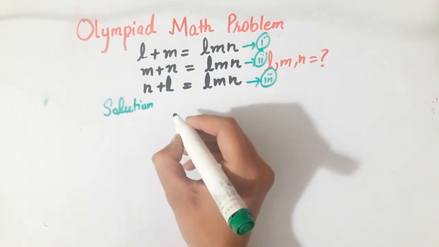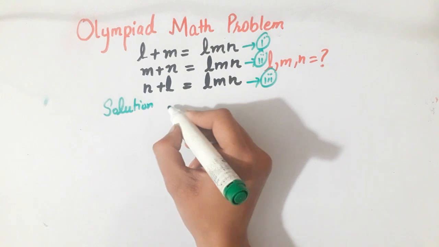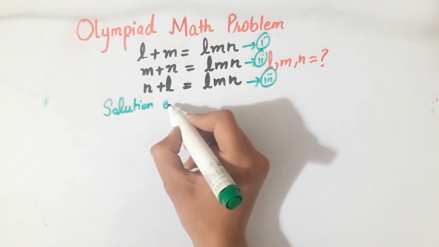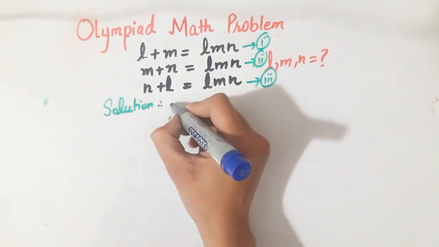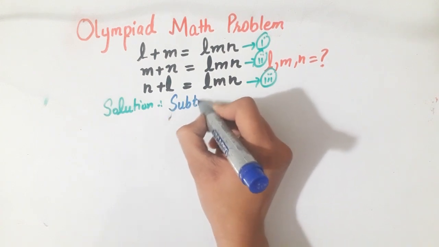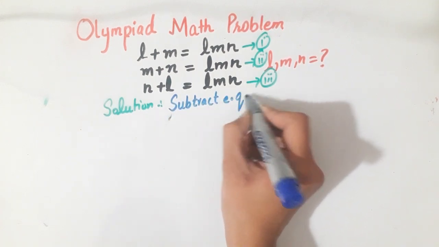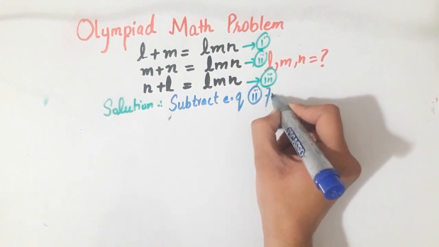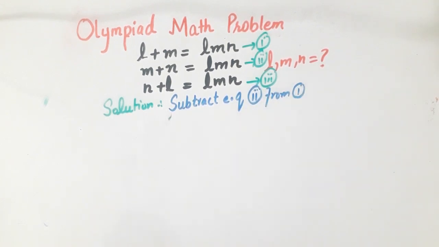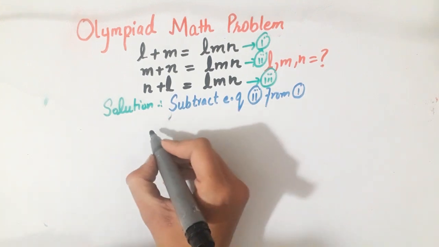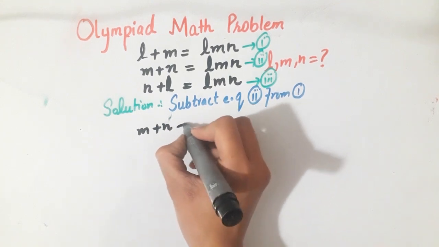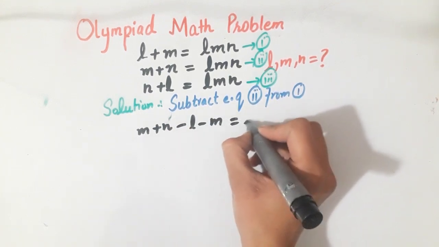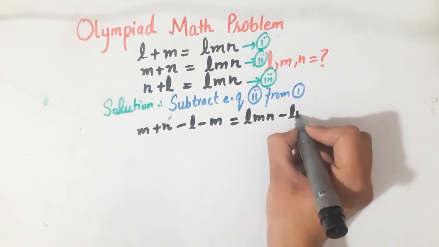Now we will subtract equation 1 from 2. So write the equation 2, that is M plus N, then minus L minus M equals LMN minus LMN.